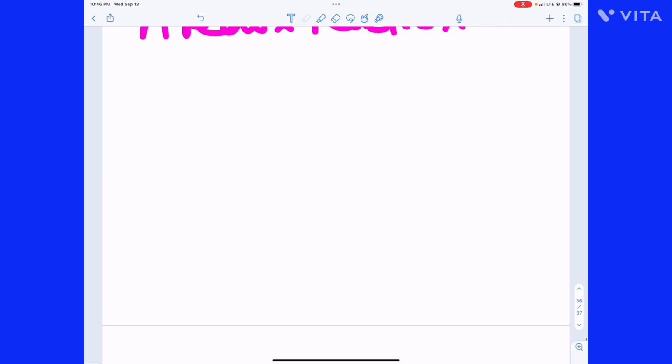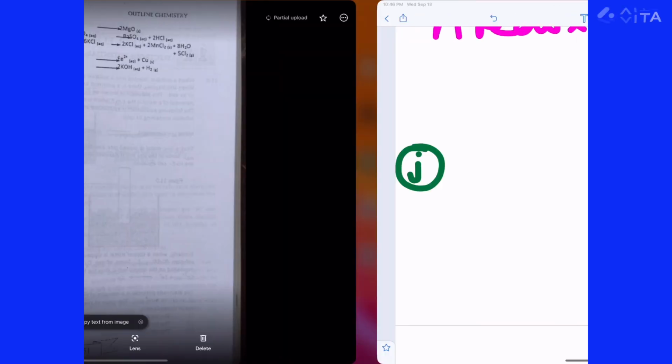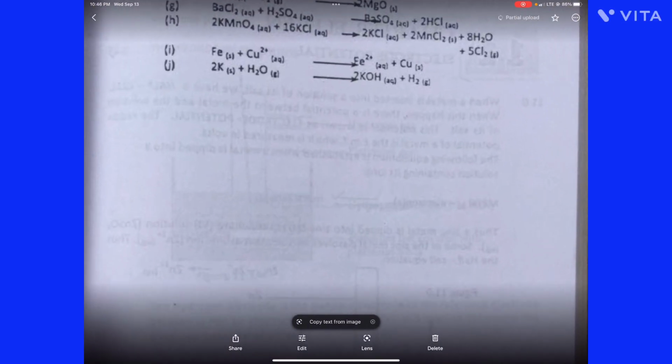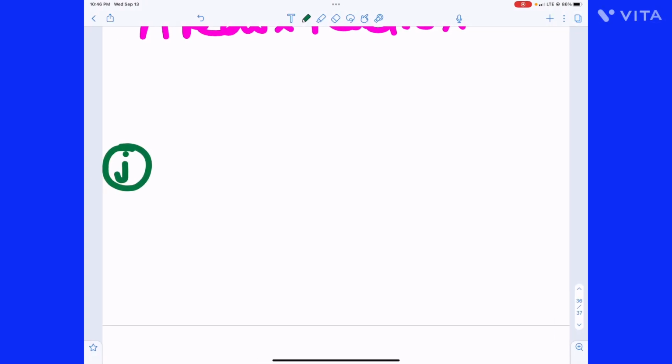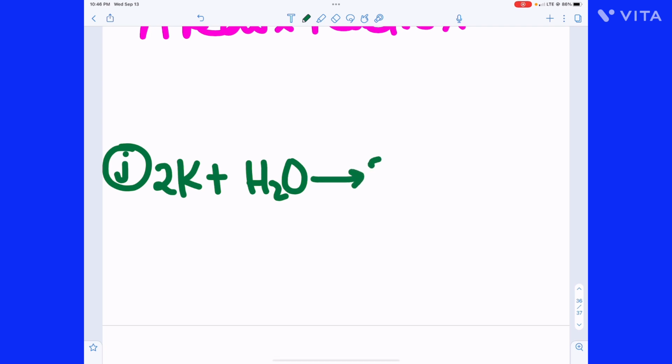Let's go to the last question, J. In question J, it says 2K plus H2O to give 2KOH plus H2.